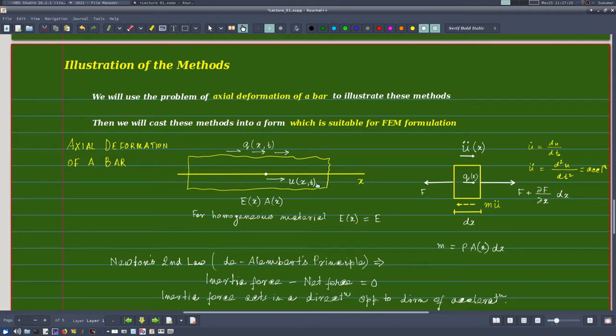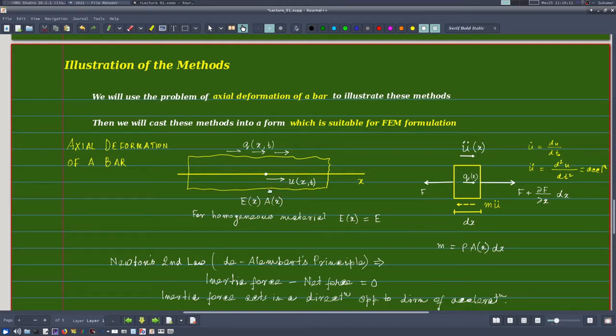Suppose this is my axial direction, denoted by x, and the bar is acted upon by some surface force which varies with x as well as with time, where x is the location of any point along the axis. So x and t are the independent variables, by which x denotes the position of a point within the space, and t denotes the time associated with that position.